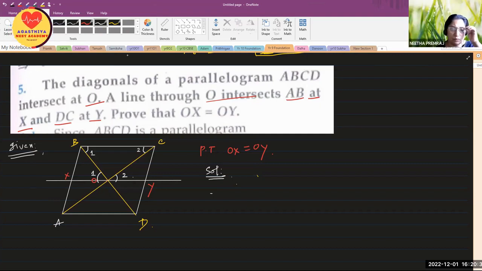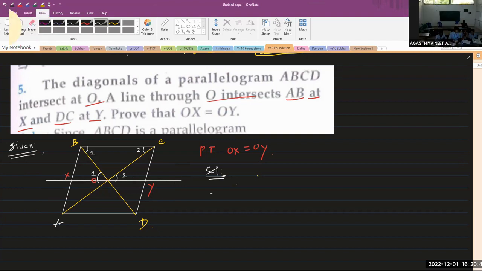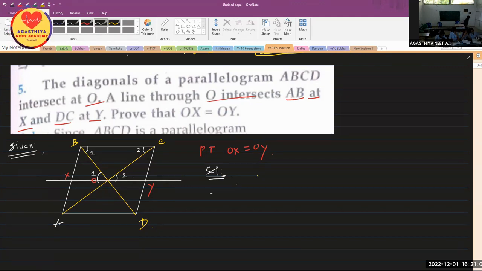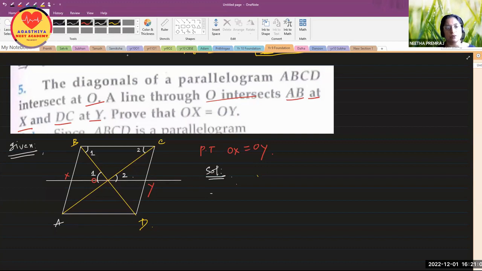Okay, then what else? What else could you see? AB is equal to CD. Okay, then. But you can't say.